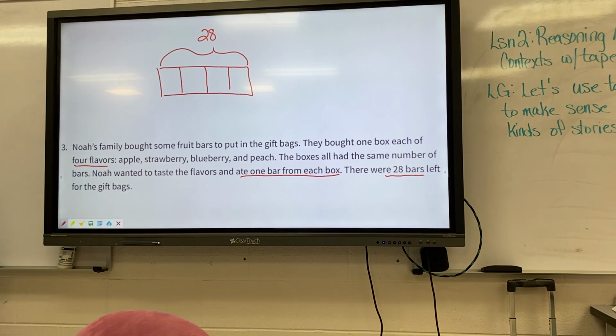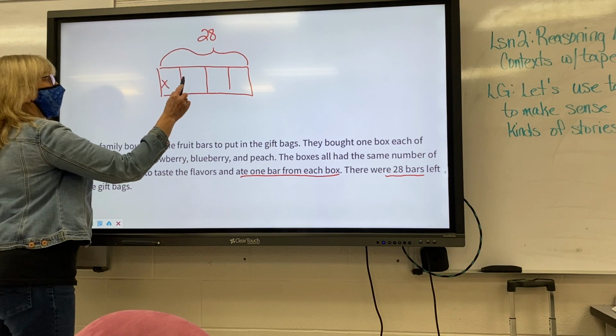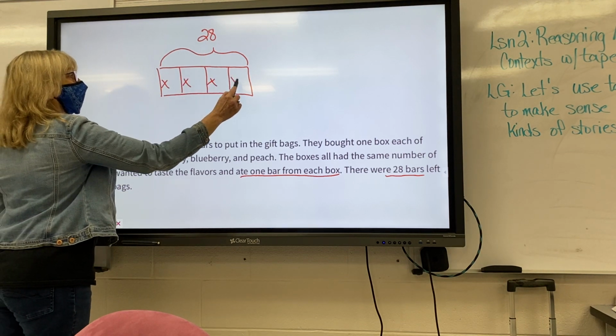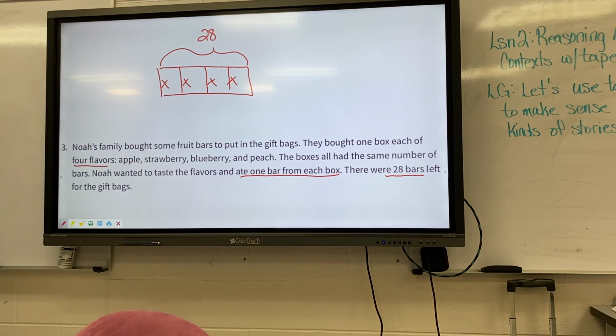Yeah. Okay. Did they put an equal amount in each bag? Do we know what that amount was? Okay, so they started out by putting an equal amount in each bag, but we don't know how many. Then what did Noah do?